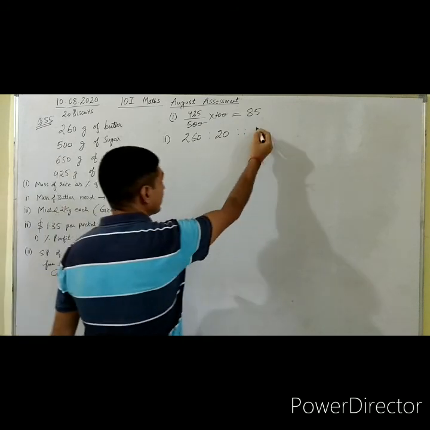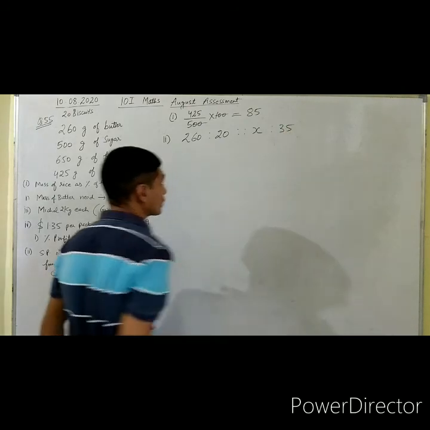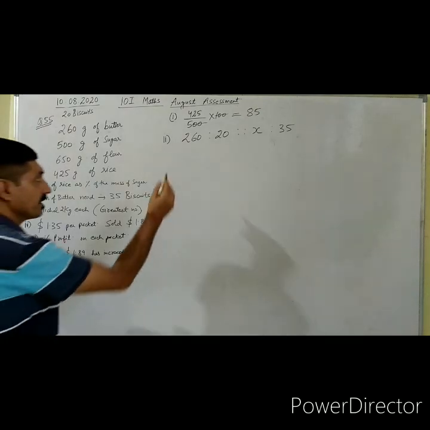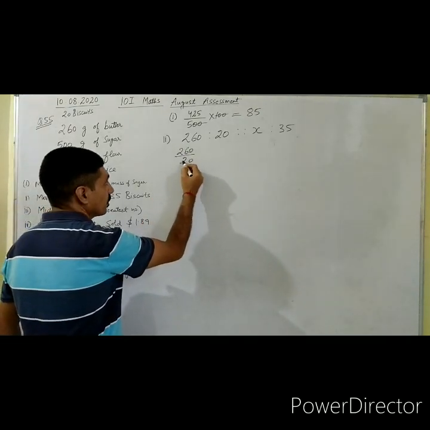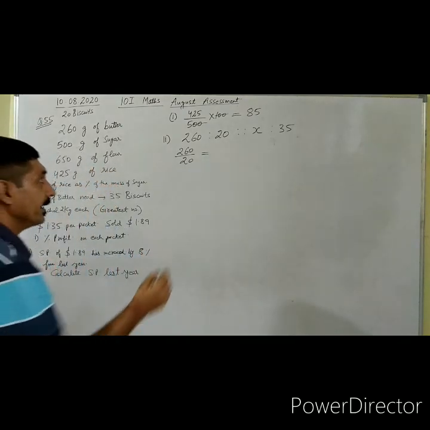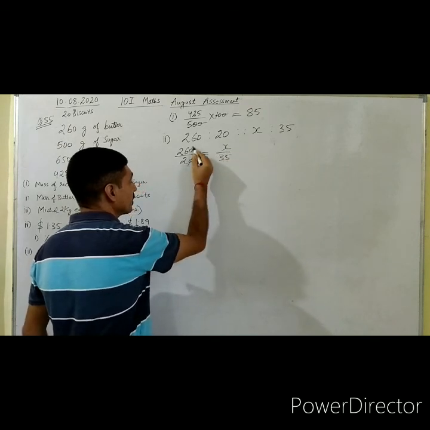So let 35 biscuits need x butter. Here we can go for cross multiplication: 260 upon 20 is equal to x upon 35.